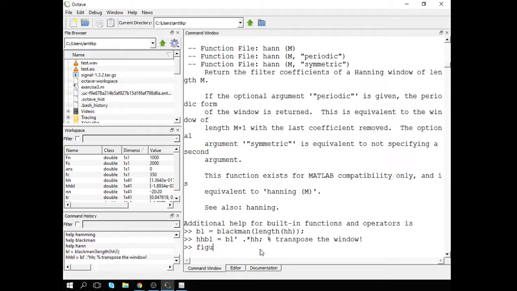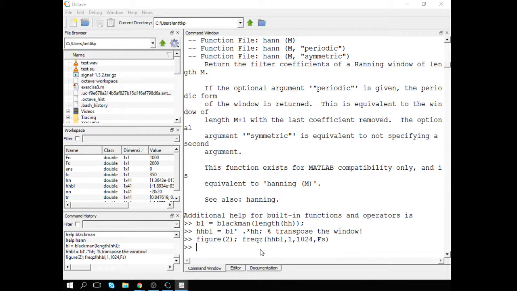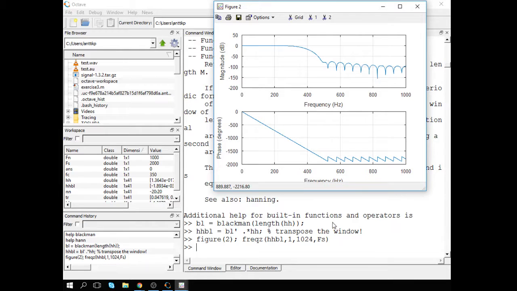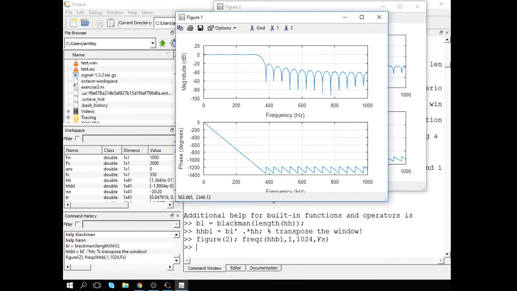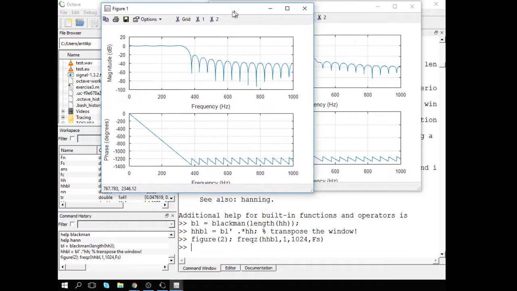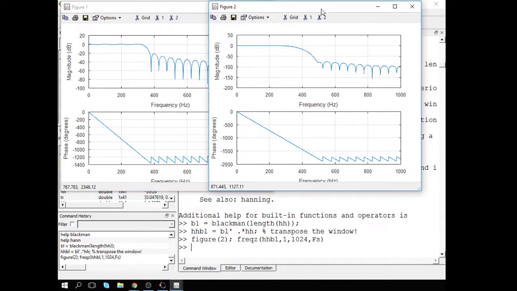Then just for fun, figure 2, frequency response of HH times BL, 1024 and FS. There we go. Now we are talking about a real low-pass filter compared to the triangular shape window.